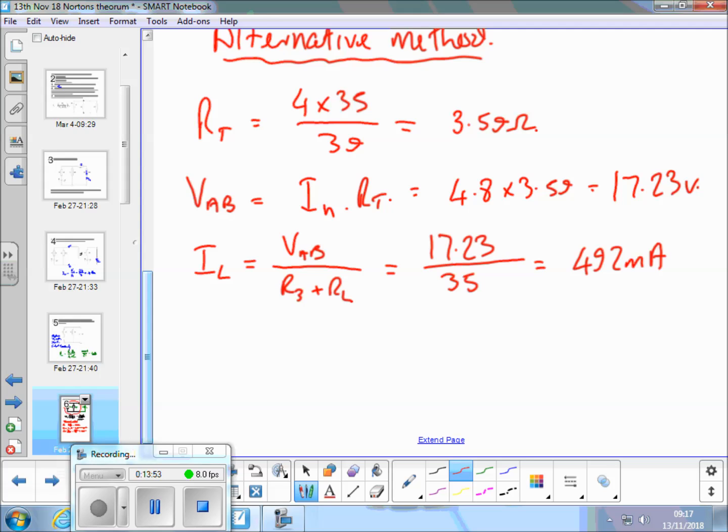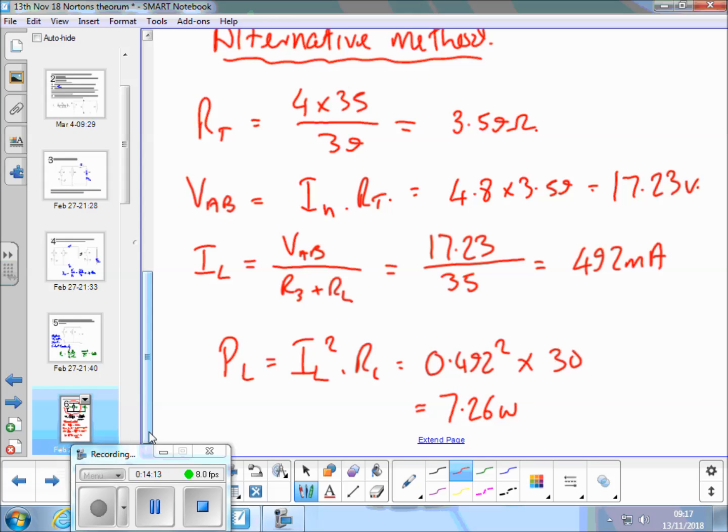We've got 0.49, okay, and then the power in the load is IL squared RL, 0.492 squared times 30, which is 7.26 watts.